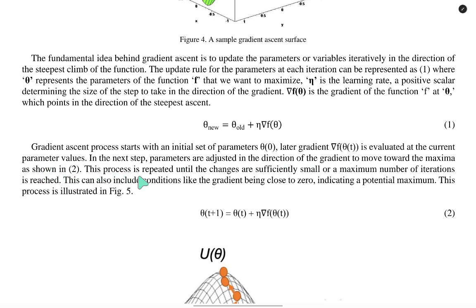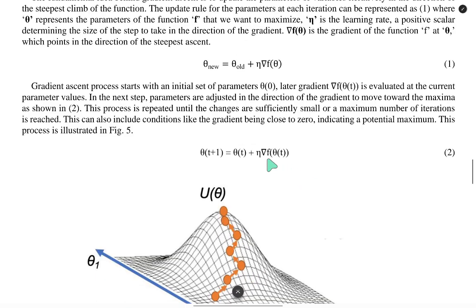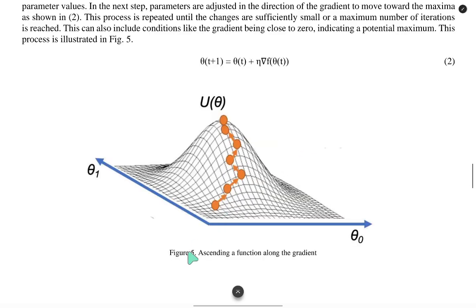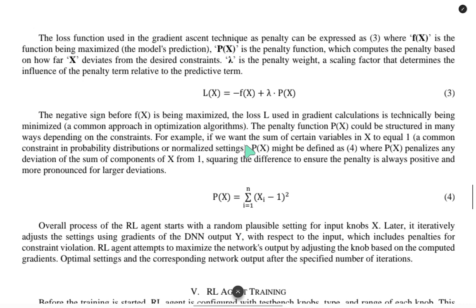This process is repeated until the changes are sufficiently small or the maximum number of iterations is reached. This can also include a condition like the gradient being close to 0, indicating a potential maximum. This process is illustrated in Figure 5. Theta t plus 1 equals theta t plus eta delta f theta t. Figure 5 is an ascending function along with the gradient.